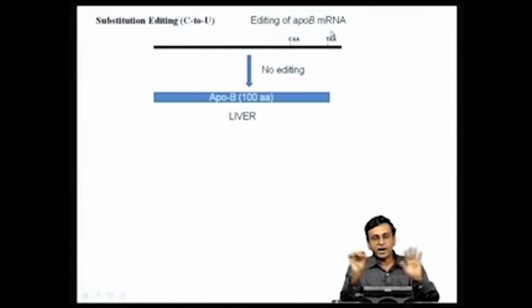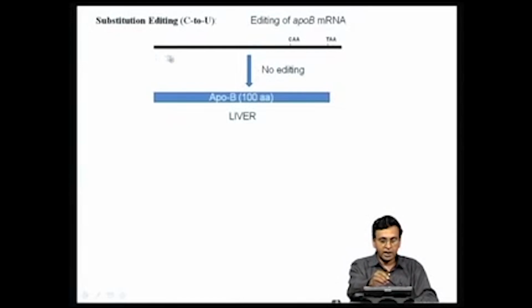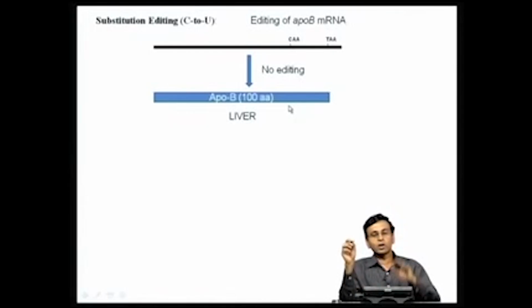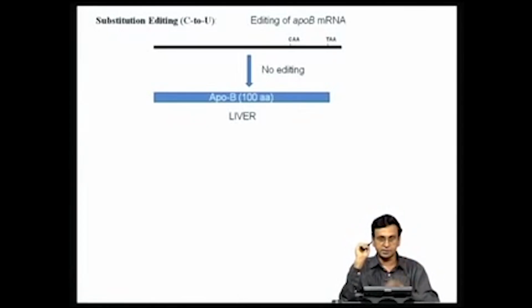Now, when there is no RNA editing taking place, especially this happens in liver, the RNA is transcribed and translated, and since TAA is a stop codon, it stops here, and as a result you generate an apolipoprotein B protein which is about 100 amino acids long. So if you purify apolipoprotein B from liver cells, you find that this protein contains 100 amino acids, and it starts from ATG and ends at the stop codon here.